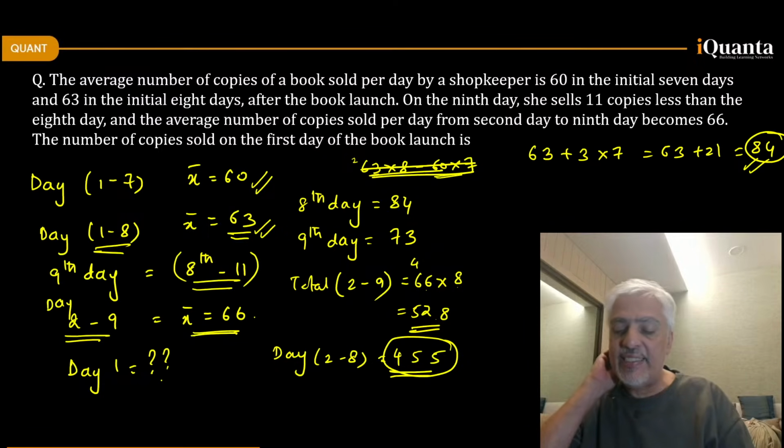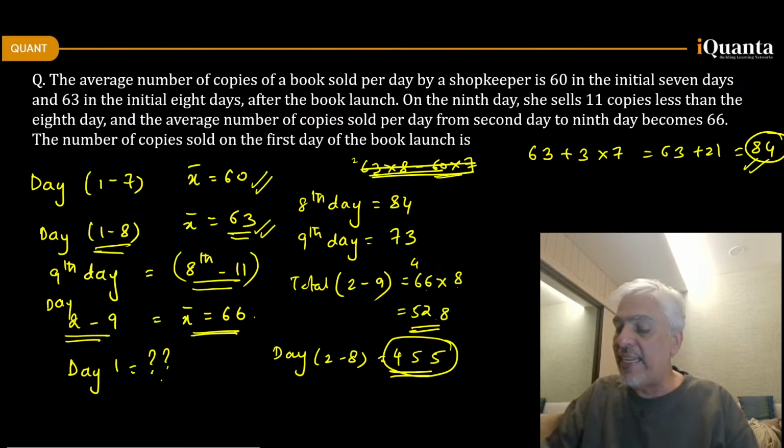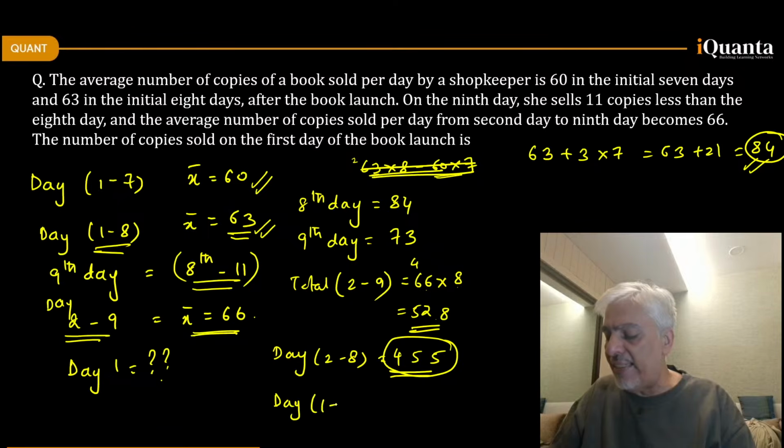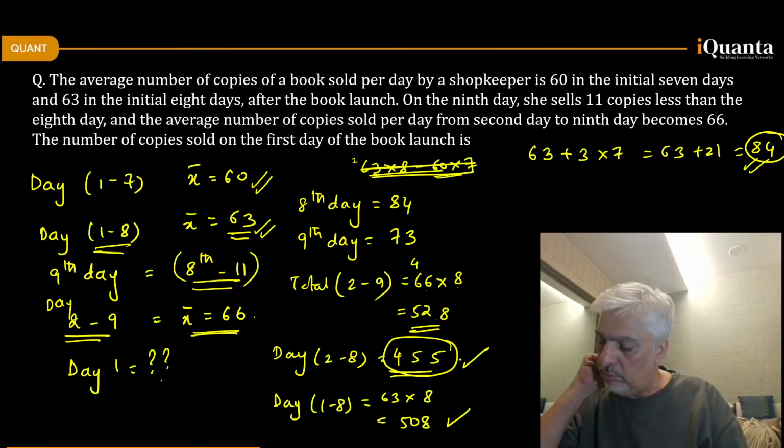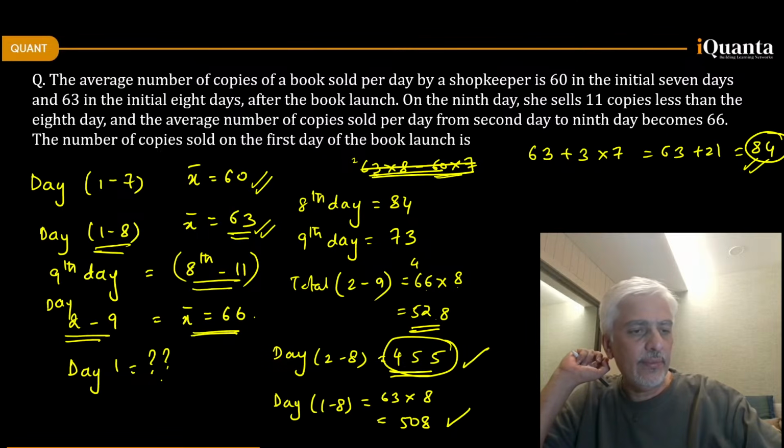And the total we had said was 528. Not 528, sorry, 508, I think. 63 8s are 508. Subtract these two. Some mistake is there. One calculation error somewhere. Let me just check.